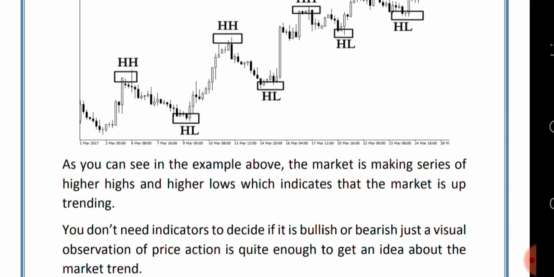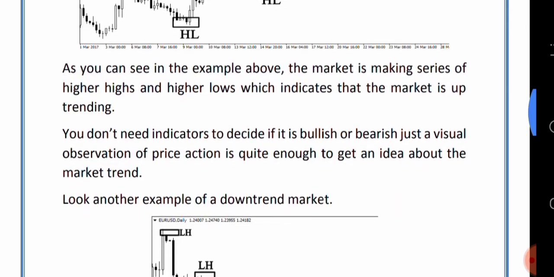You just need to look at your charts and observe for higher highs and higher lows. If it makes a pattern of higher highs and higher lows, and the price is moving up, obviously you know it is a bullish market, a market that is in an uptrend, and we will be looking for buying opportunities.